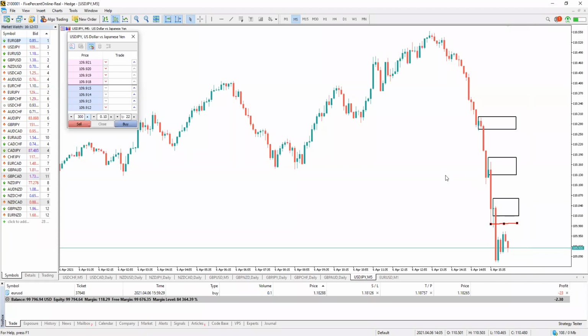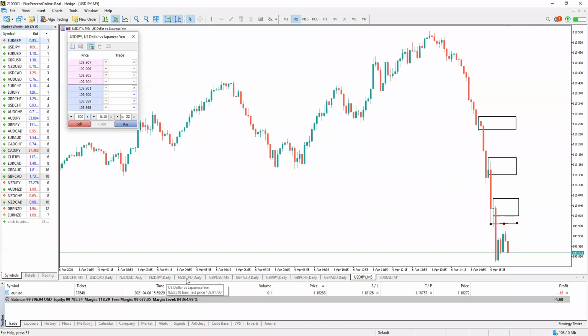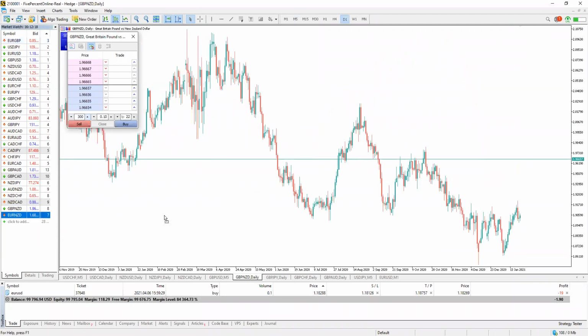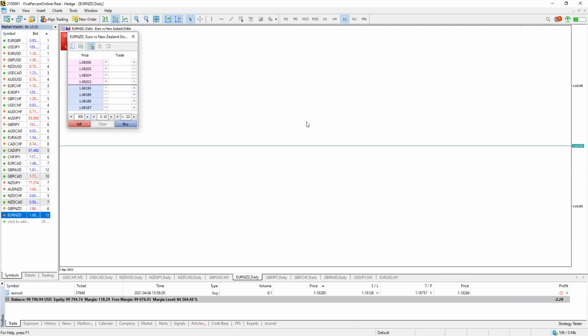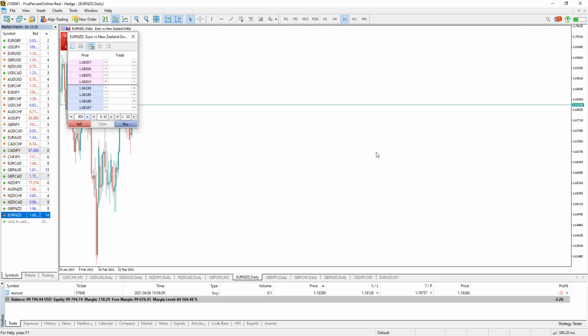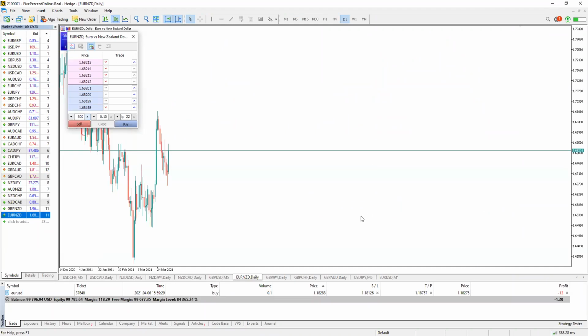And Sankar, Euro New Zealand, from a higher low, higher high, or sharp price broke down trend line before with this long position. What do you think? Euro New Zealand, you said? I don't think I have it here. Yeah, it will take a few minutes to load. So let's see how that goes.